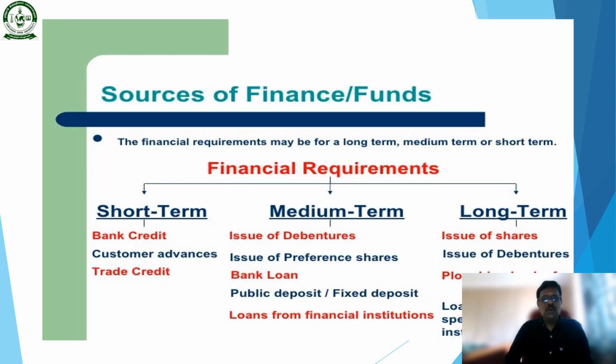Here you are seeing the sources of finance or funds. The financial requirements may be for a long term, medium term, or short term. These requirements are classified into three: short term funds, medium term funds, long term funds.